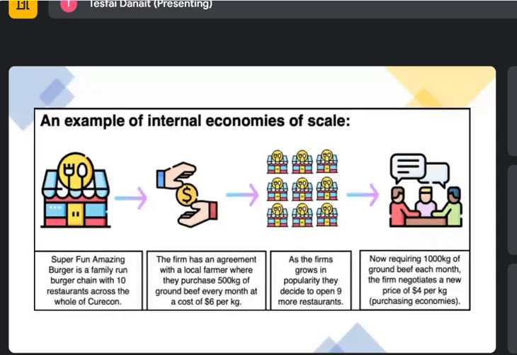The price of the beef that it was buying at $6 per kilogram has now reduced to $4 per kilogram, because it has started purchasing in more bulk, which we call purchasing economies. In other words, the price of one burger has also decreased.